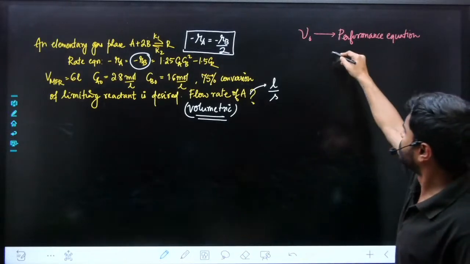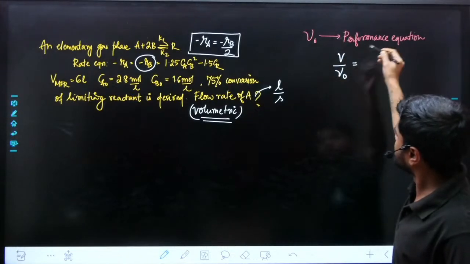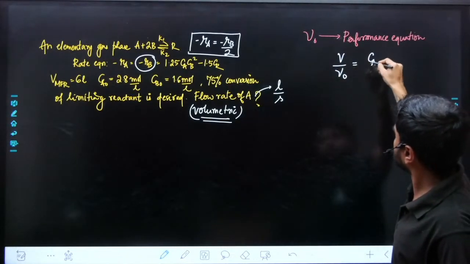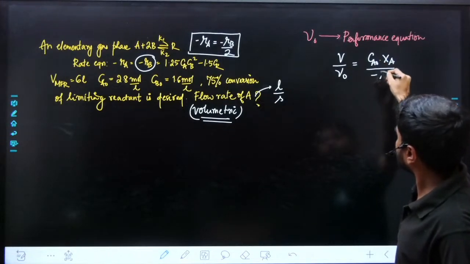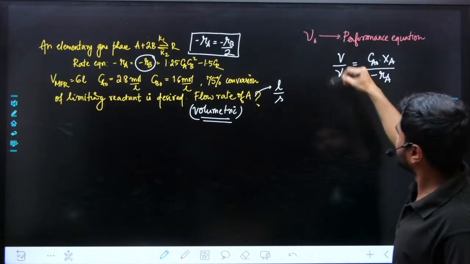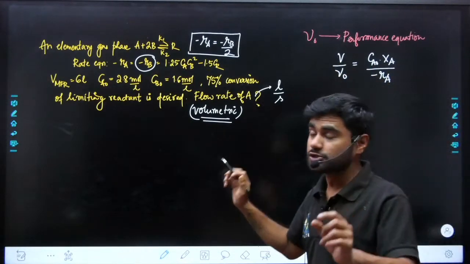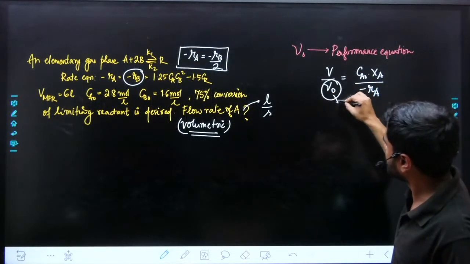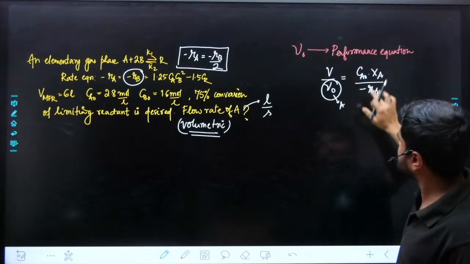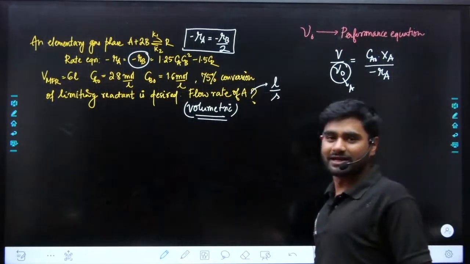It is V by V naught, which is equals to Ca naught into Xa by minus Ra. This is a typical equation that we are going to use to calculate V naught. So basically this V naught corresponds to flow rate of A, because we have used Ca naught Xa over here. So accordingly, now let's proceed.